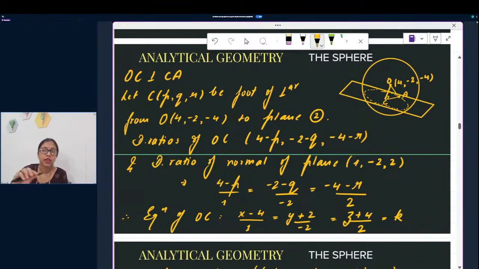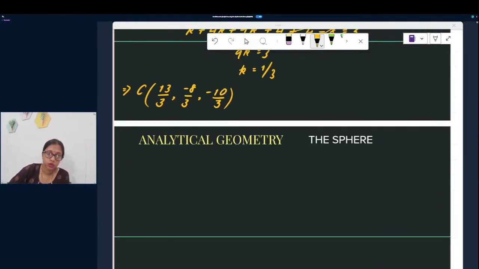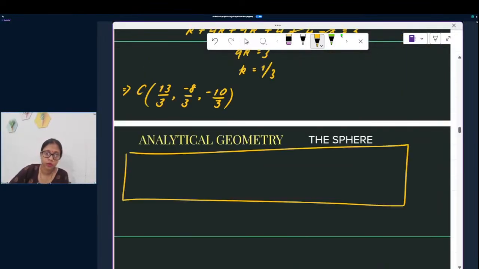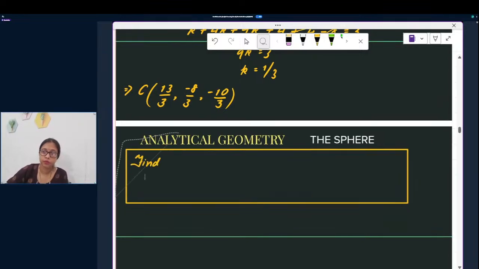See, obviously this is one way to find OC. How can you find OC? You have 2 points, you apply the distance formula. There is one more way. OC is actually the perpendicular distance from a point to the given plane. How do we find that?